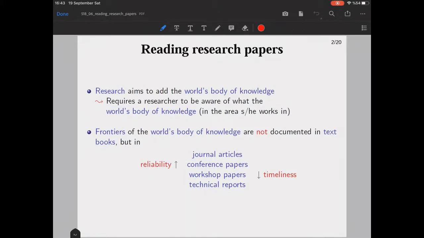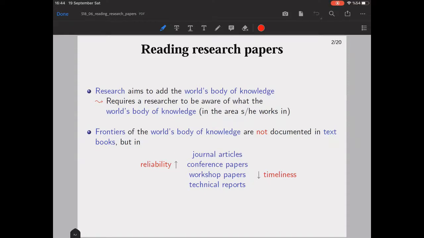Research aims to add to the world's body of knowledge, so it requires a researcher to be aware of the current body of knowledge of that time in the area she works in.